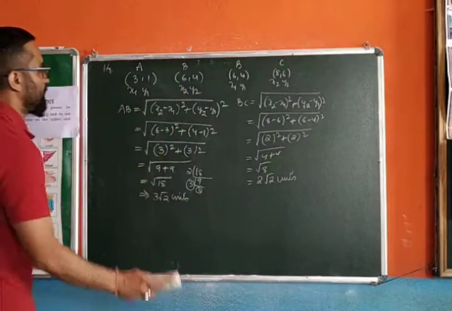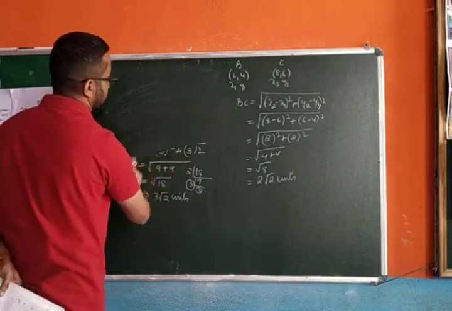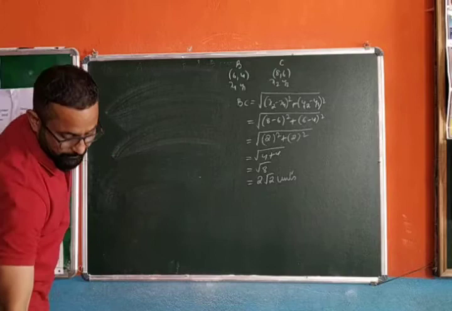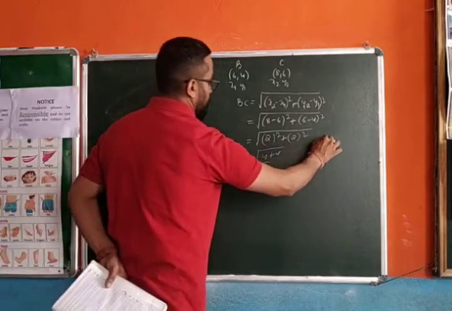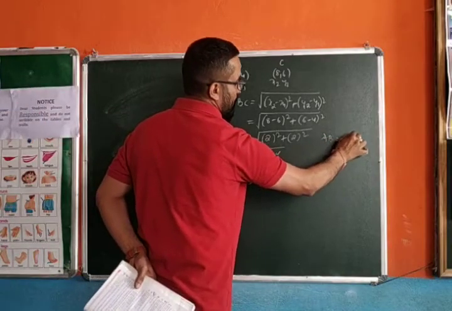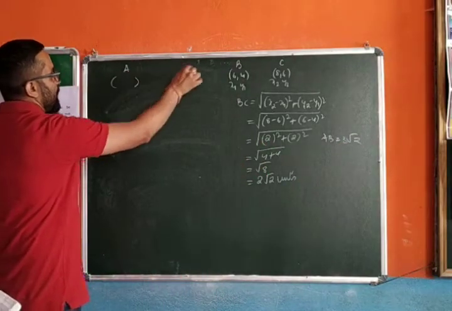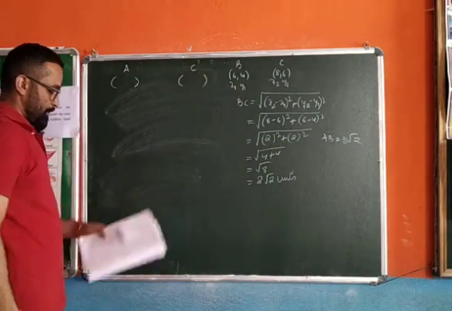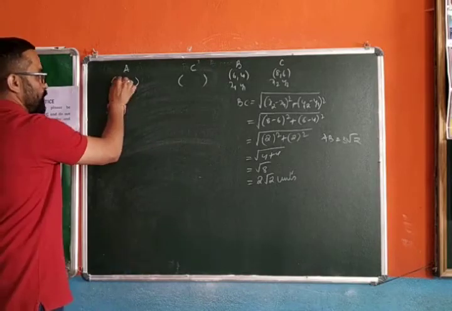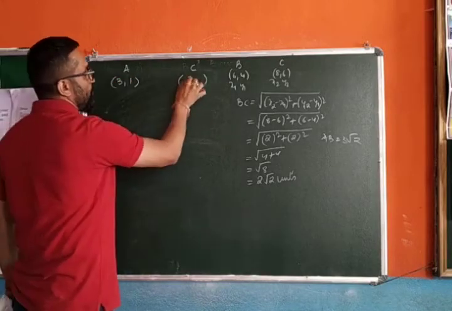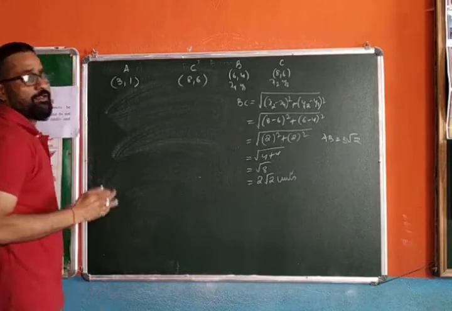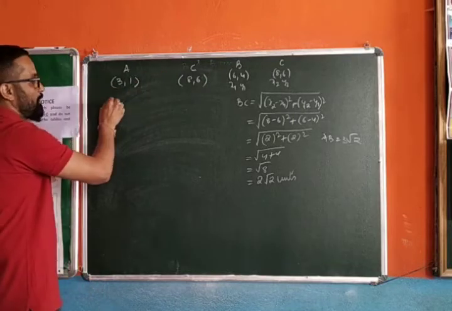Similarly, we calculate the distance between A and C. So we write down the coordinate of A and C. A has coordinate 3, 1 and C has coordinate 8, 6. Use the similar formula.